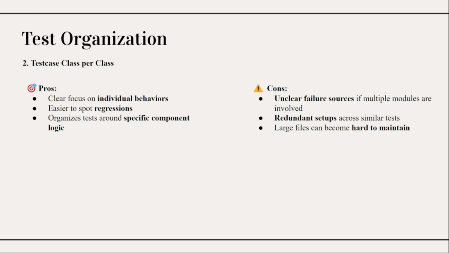The disadvantages are that when multiple modules are involved, failures can be hard to trace since tests don't capture full interactions. There's often redundant setup code across similar tests, and the test files can become large and harder to maintain over time. Overall, this pattern is great for unit level clarity, but less effective for testing interactions across components.